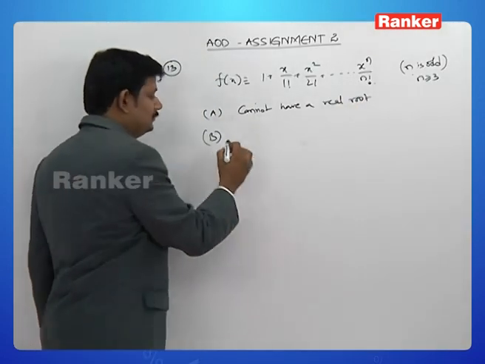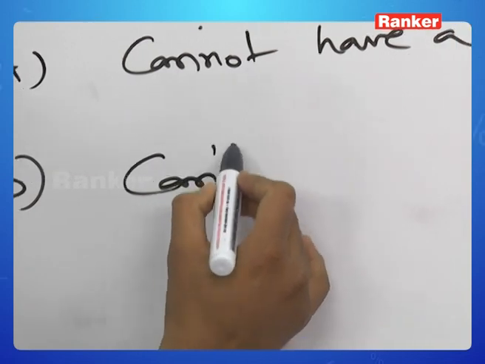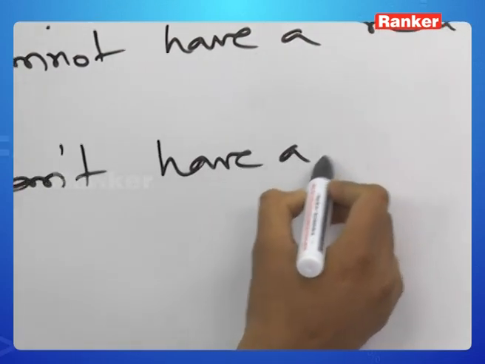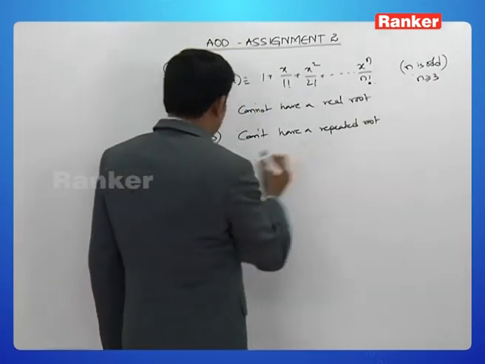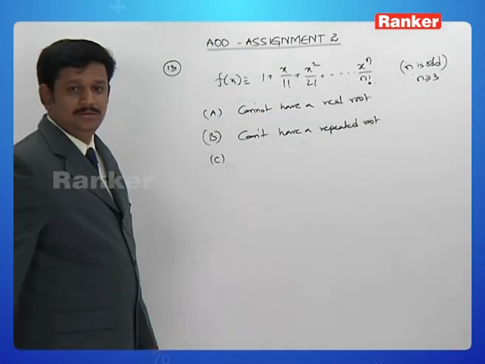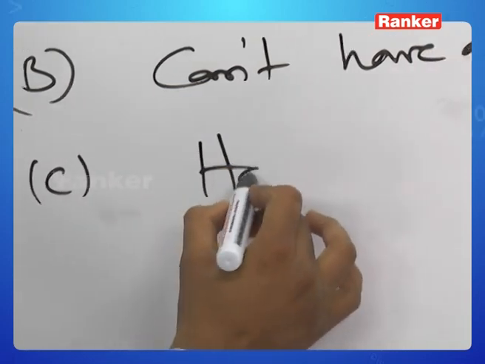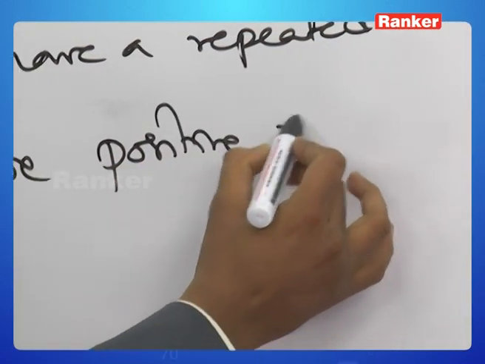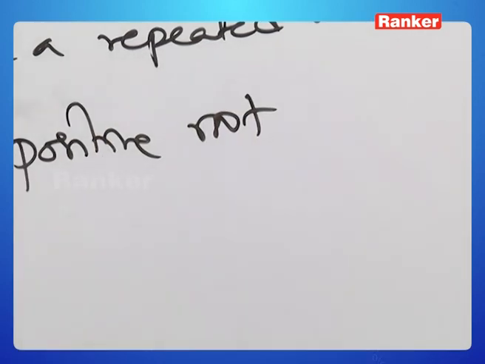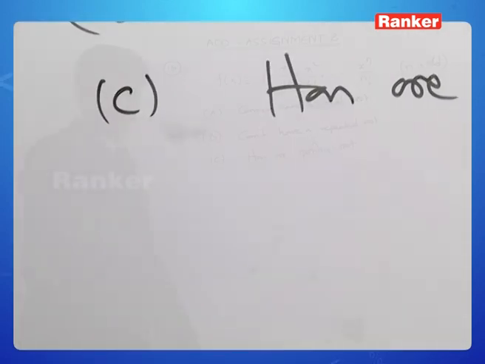Option B, f of x can't have a repeated root. Option C, f of x has one positive root, and option D, none of these.